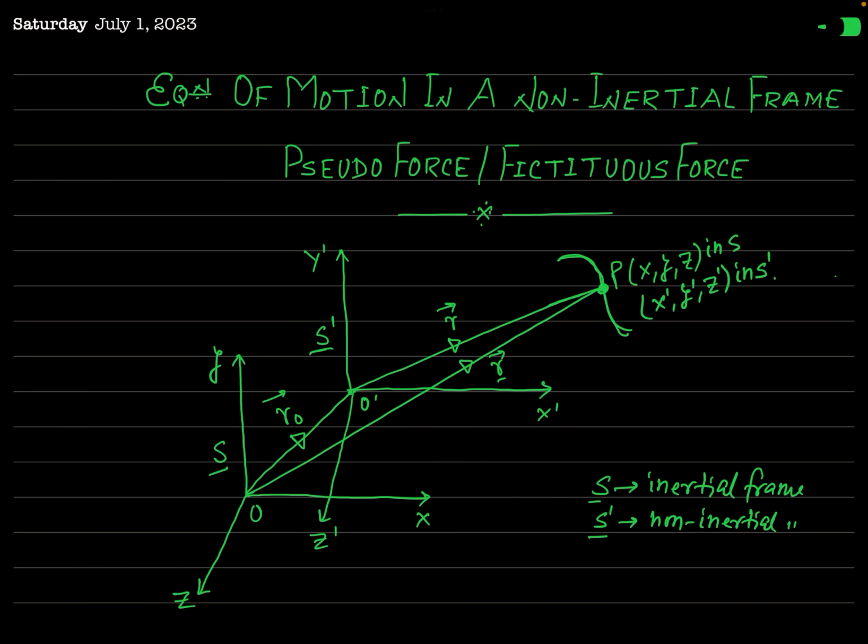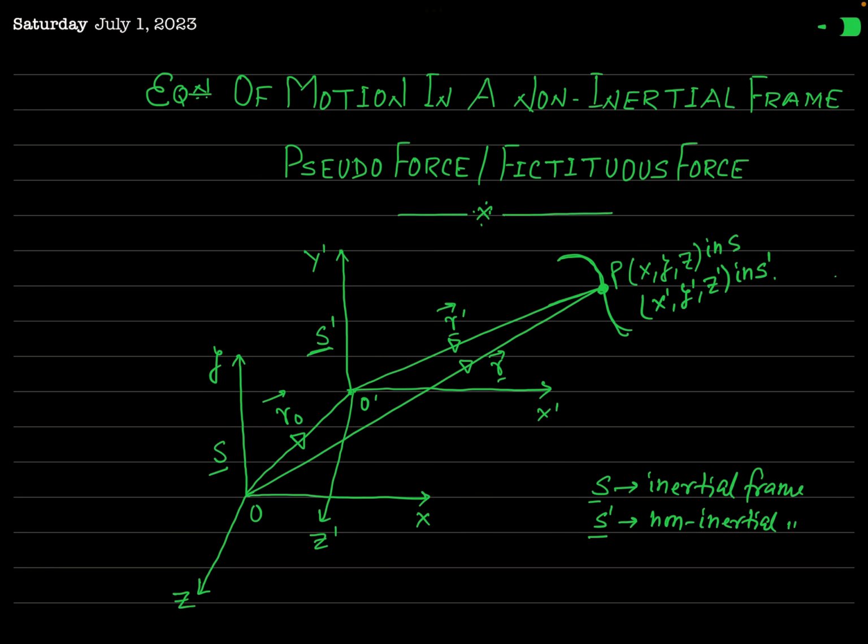Similarly, r prime represents the position vector of the same particle with respect to the origin of the frame S prime, which is a non-inertial frame. So O prime P is equal to r prime.